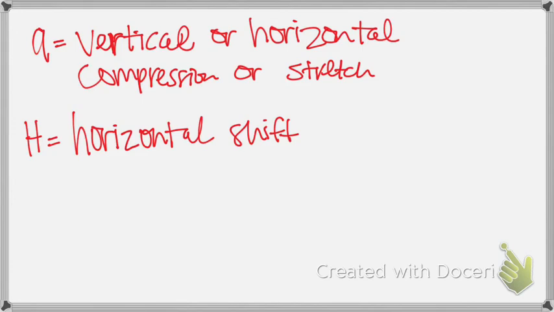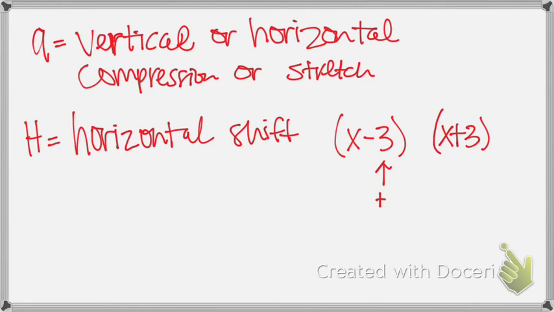If the actual H is negative, we go to the left. However, when you put it in the equation, it is opposite of what your brain thinks. If it says X minus 3, I'm going to where? Right. See, I just got confused. X minus 3. What's the H value here? Yep, it's positive. Go to the right. If it says X plus 3, the only way that 3 can be positive is if 2 negatives are there. So that means we go to the left. Good.